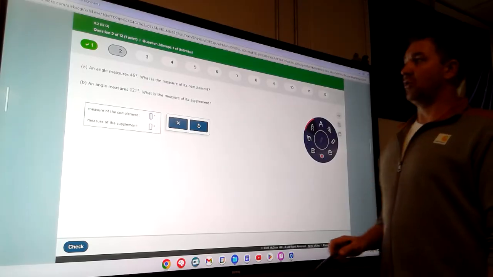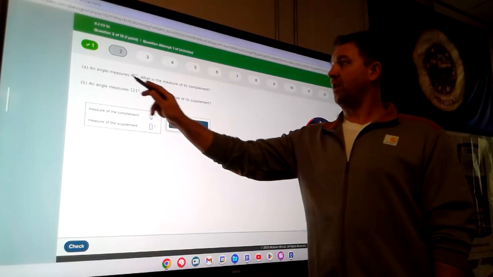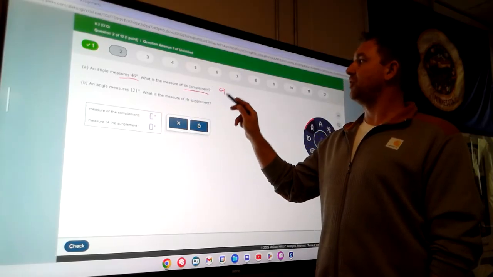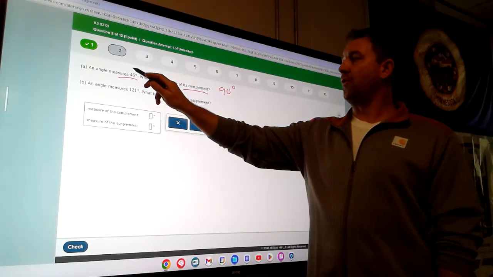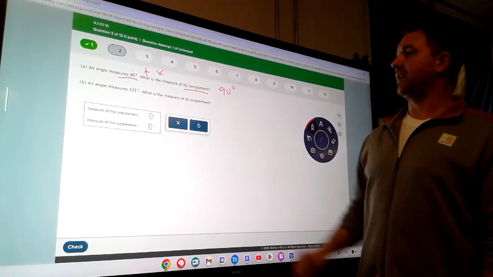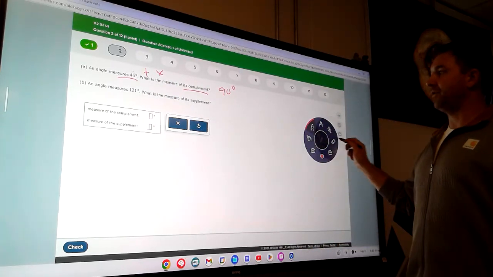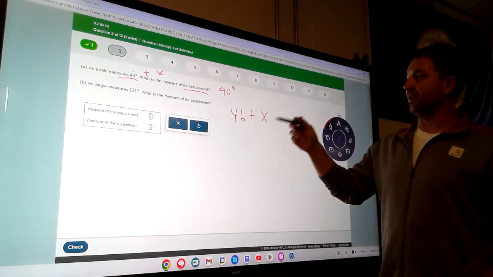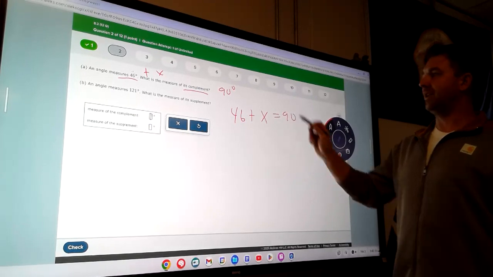Now, they're going to show you both complementary and supplementary. They're giving you 46 and they're complementary. It means they add up to 90 degrees. So 46 plus what number, x, is equal to 90? Set up an equation if you have to: 46 plus x equals 90.